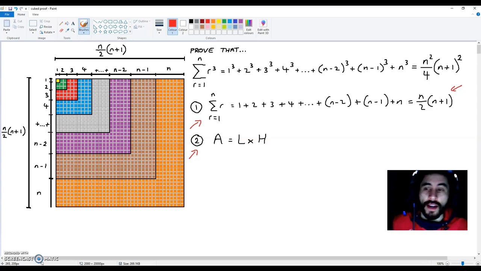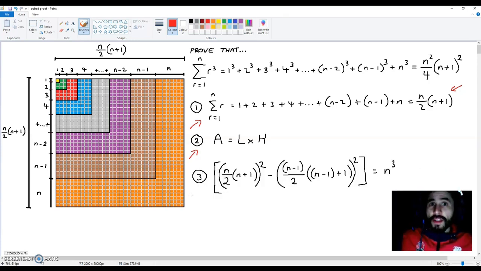multiplied by its height. Number 3, and this is absolutely crucial: n over 2 multiplied by n plus 1 squared, minus n minus 1 over 2 multiplied by n minus 1 plus 1 squared, is equal to n cubed, or n to the power of 3, where n is equal to the amount of terms which exist.